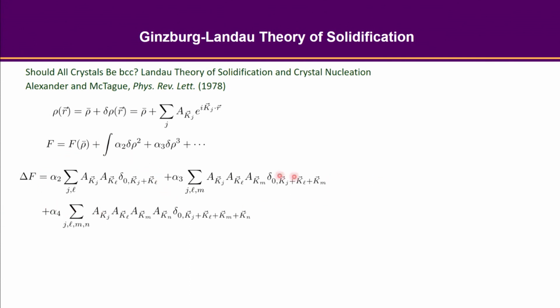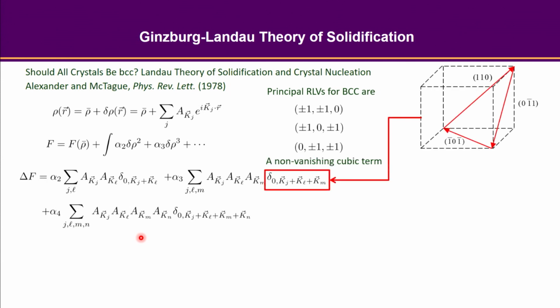And whether you have the cubic or quartic contributions depends on whether you can form a possible combination in reciprocal space. For BCC, here's one example of why you will have a non-vanishing cubic term. You can pick out this minus 1, 0, minus 1. I'm taking this as my x, this as my y, this as my z.